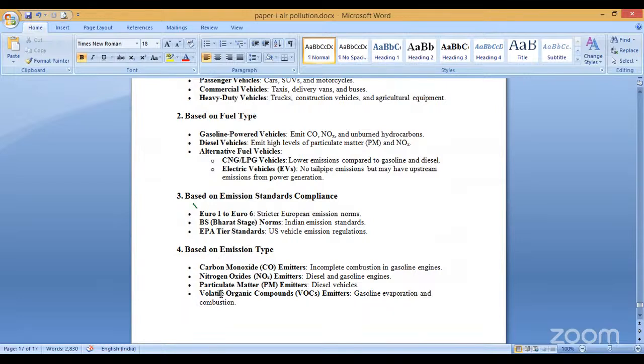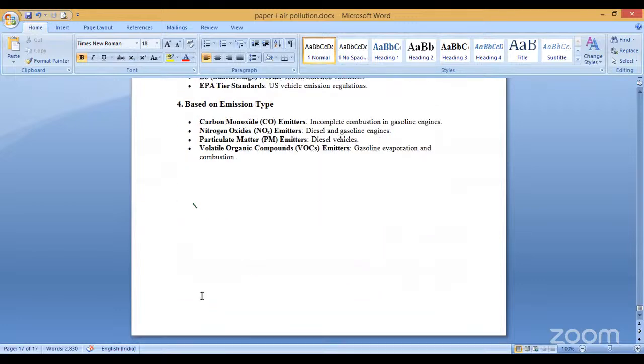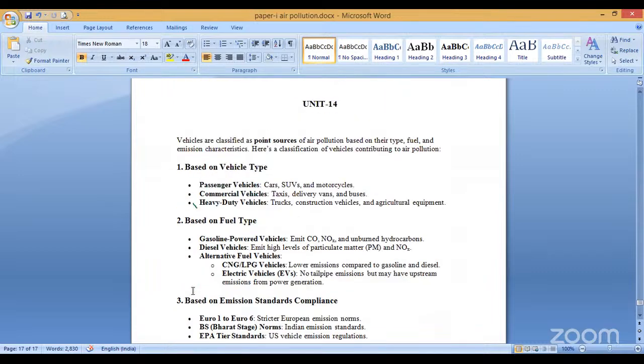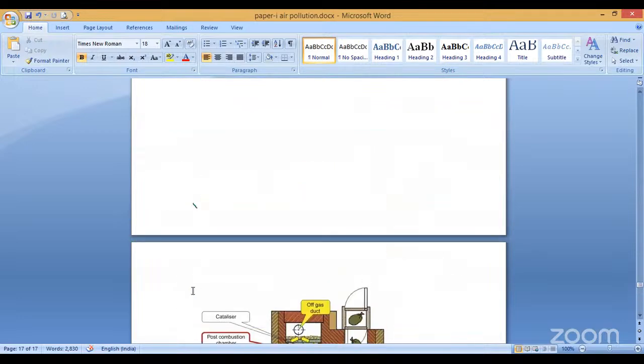Volatile organic compounds come from gasoline evaporation and combustion. These are the four types included in this unit, as a vehicle as a point source of pollution: first based on vehicle type, based on fuel type, based on emission standard compliance, and based on emission type.